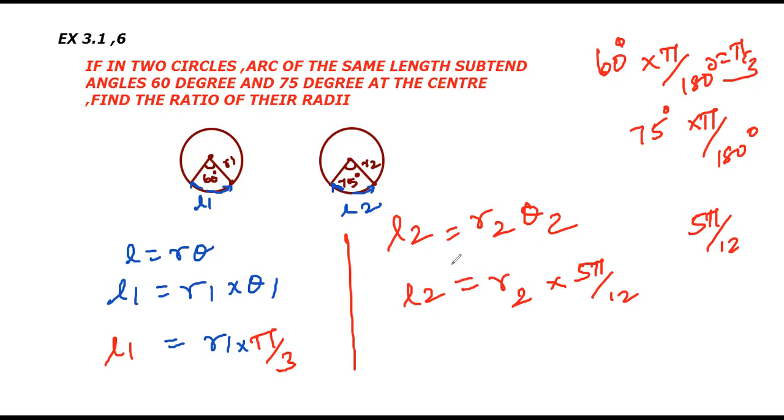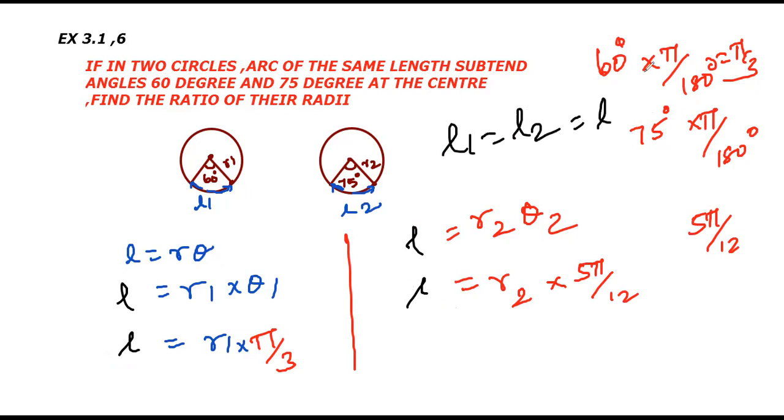They're asking us to find the ratio. And also they said they share the same length, which means L1 and L2 both are equal. There is no difference in the arc length. Let's assume that is L.